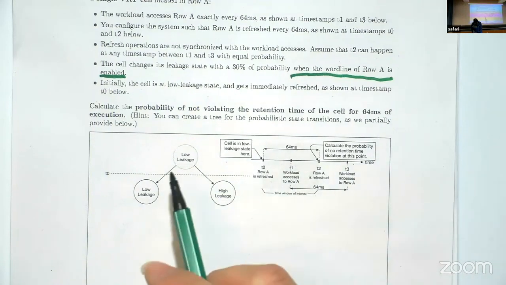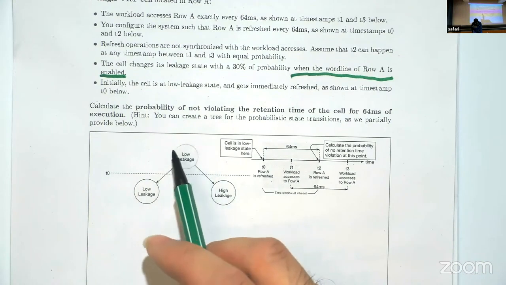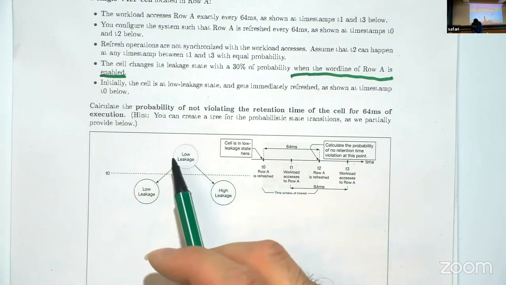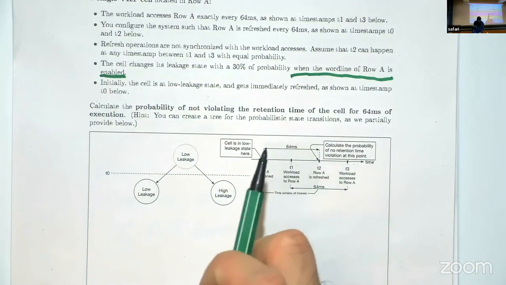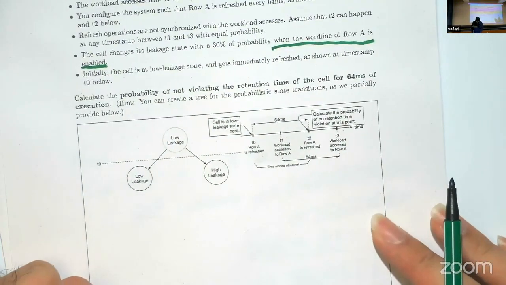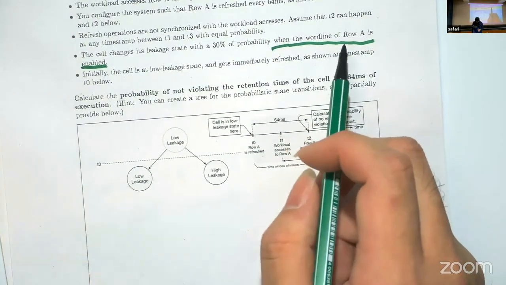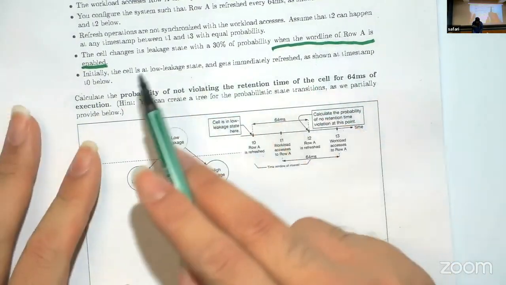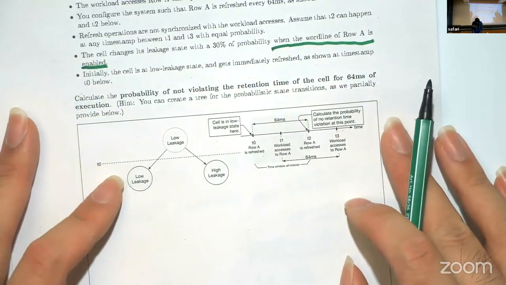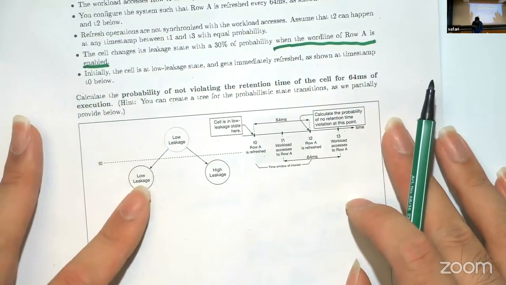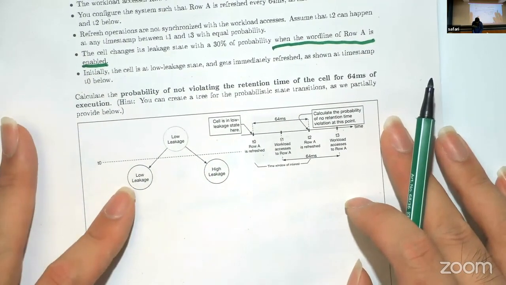As said in the question, the cell is initially in a low leakage state. So at T0, when it's refreshed, because as long as the word line of row A is enabled it will change the leakage state with a probability, we immediately have two possible outcomes.